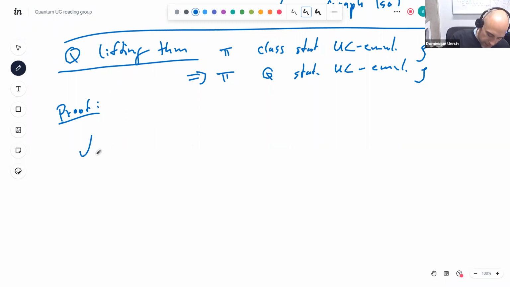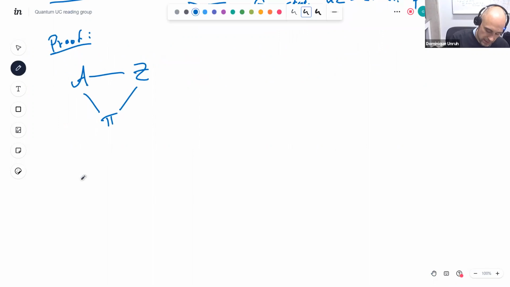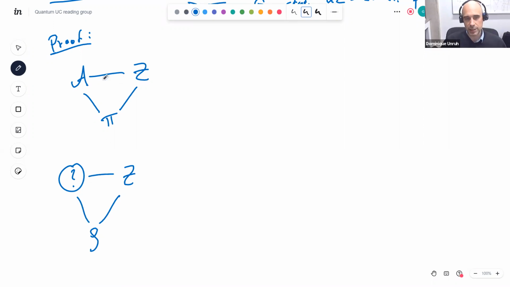So the situation we have is we have an adversary, an environment, or well, kind of many because it's for all, and the protocol, and they interact. And what we want to show is that this is indistinguishable from a situation where some simulator, which we don't know yet how to construct, but we want to put something here so that these two pictures are indistinguishable from the point of view of the environment.